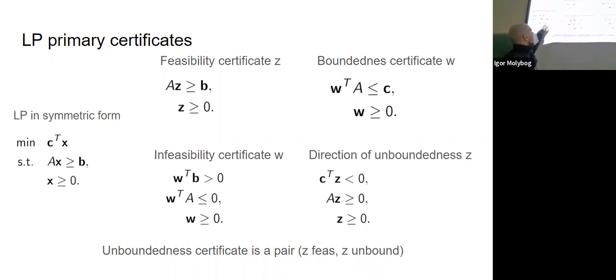So you just take the constraints in the problem and find a point that satisfies them. For the boundedness certificate, let's first do the direction of unboundedness. The direction of unboundedness is still in the same space as the original problem. So it is kind of a point in the same space. It doesn't have to be feasible though.